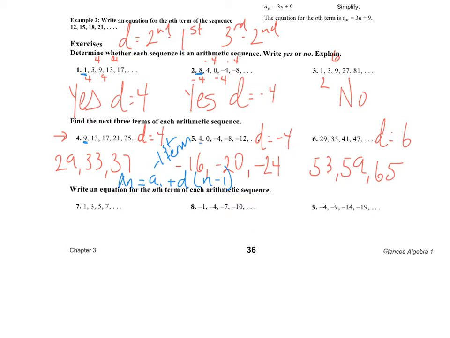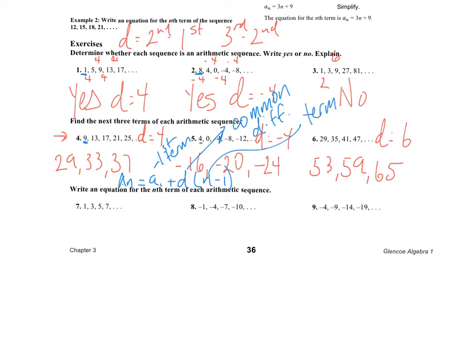All right, d, this is your common difference. Hopefully that's becoming more familiar. And then this expression n minus 1, this helps me figure out the starting point of these equations or functions. And n is just the term number that we're going to find.